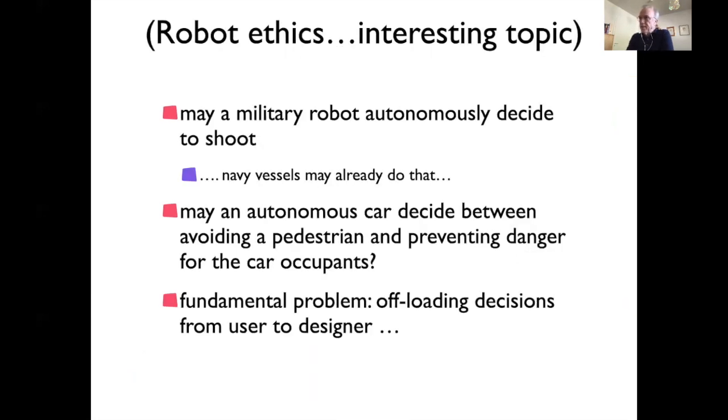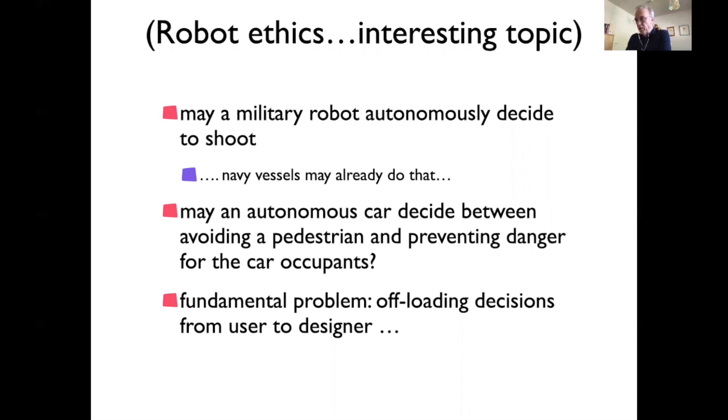As a side aspect, this is often the opportunity for people to think about robot ethics, which shows up in robots that act autonomously only, right? Because then you have decisions being taken, and are these decisions subject to some kind of ethics? So in the military case, people ask, is it admissible to have a robot decide autonomously whether it opens fire or not?